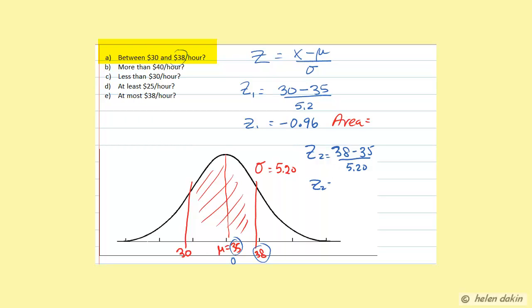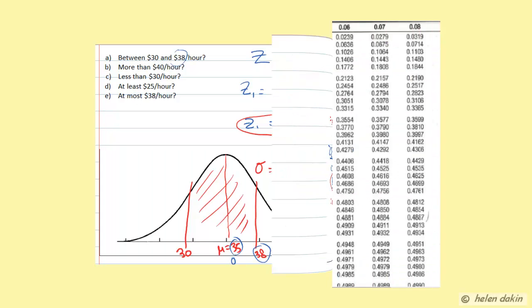The second Z value is going to be equal to 0.58. In other words, this is 0.58 standard deviations to the right of the mean. Of course, I also need to get an area that corresponds to that Z value. So now I'm going to go to my normal tables and get an area for this negative Z value and get an area for the positive Z value. And I'm going to do something with those two areas.